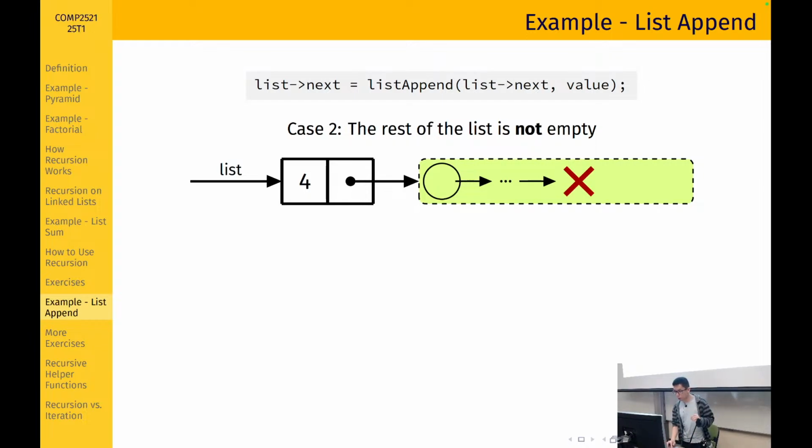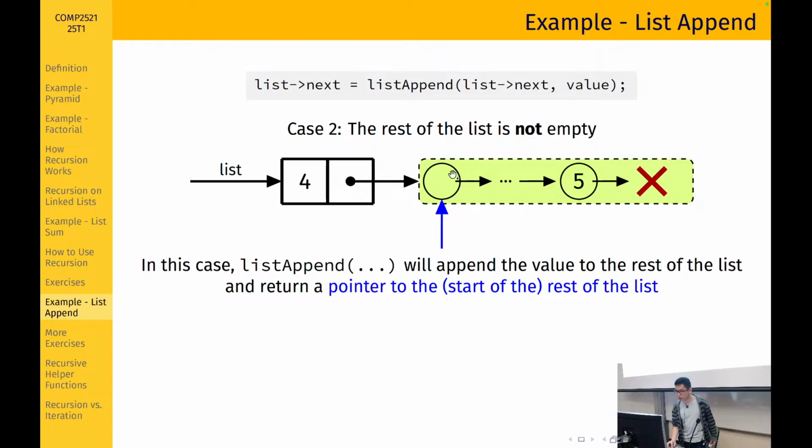So this recursive call, list append list next value, is going to add the new value to the end of the list. We're assuming the function works, and it adds 5 to the end of the list. What else does list append do? It also returns a pointer to the beginning of the updated list.